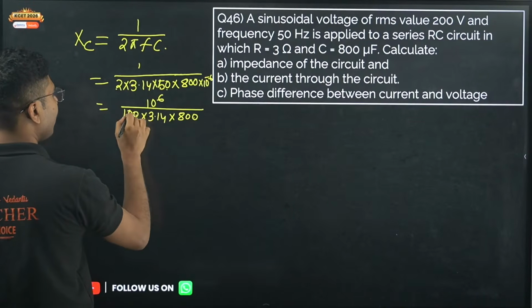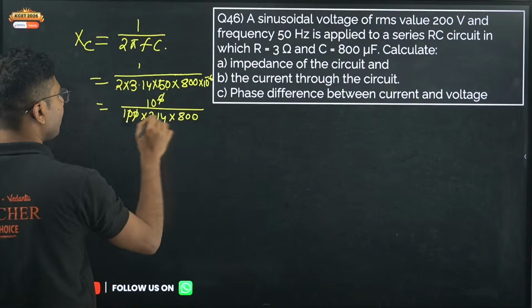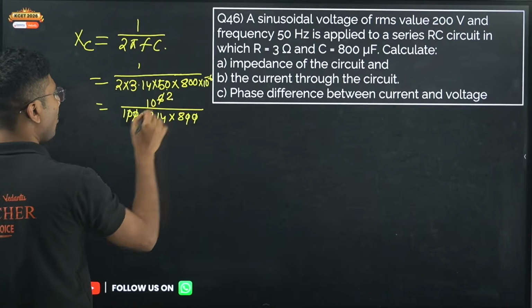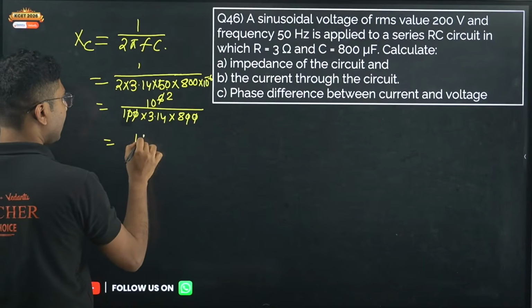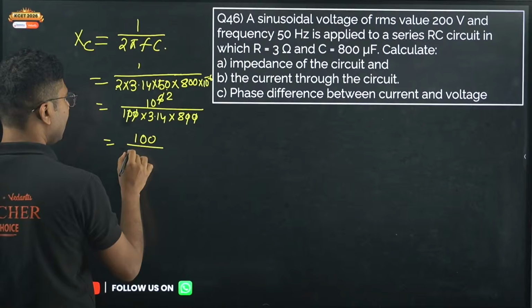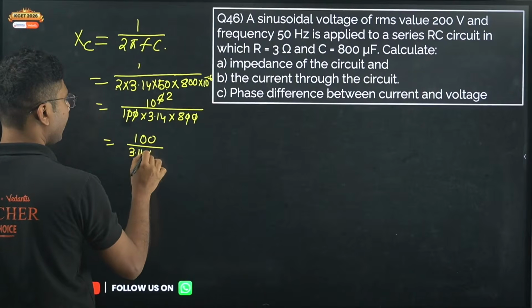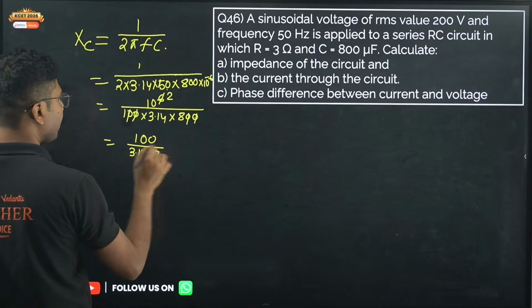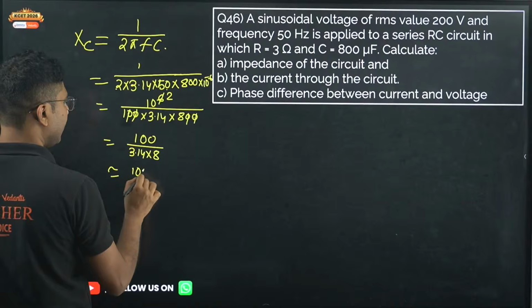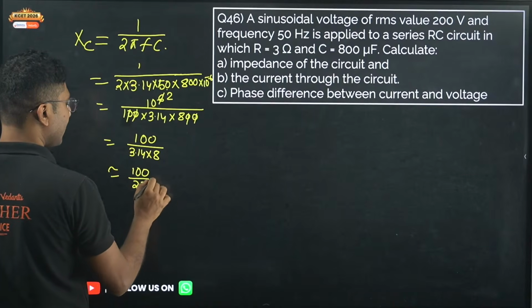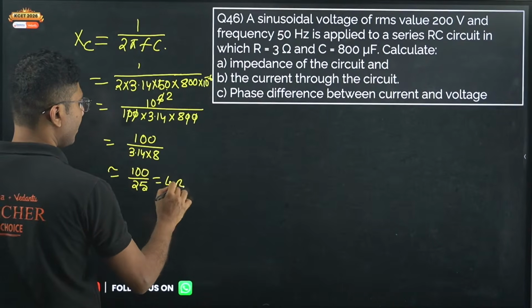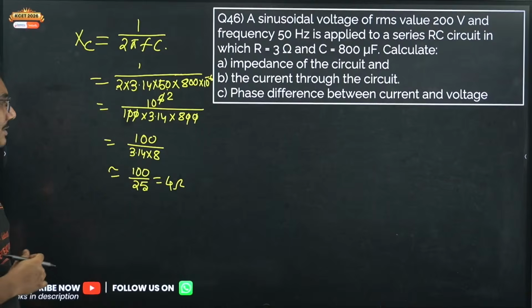There are 4 zeros, so the 4 zeros cancel, and you get 10 square over here. 10 square means 100. 100 divided by 3.14 into 8. So it will be approximately 100 divided by 25, that is 4 ohm. So capacitive reactance is 4 ohm.